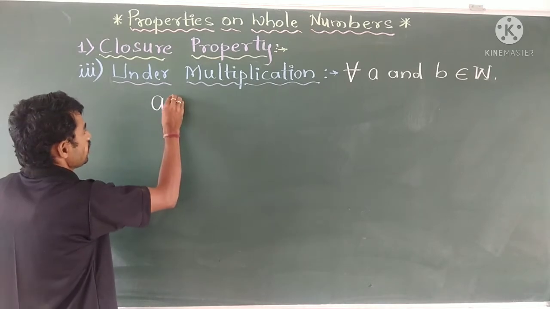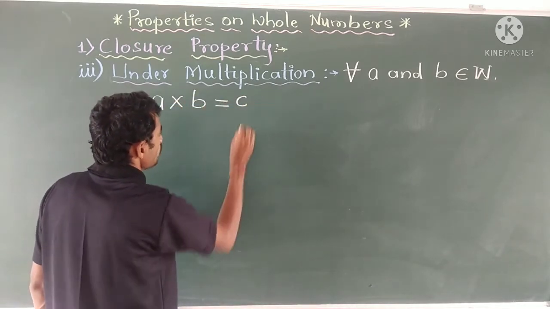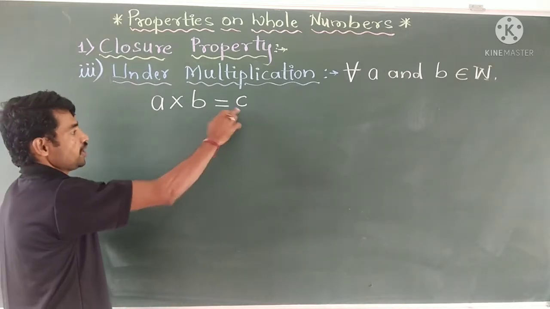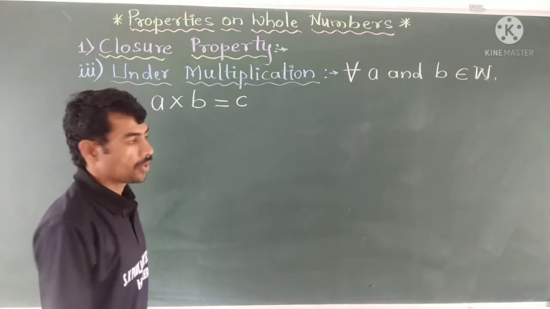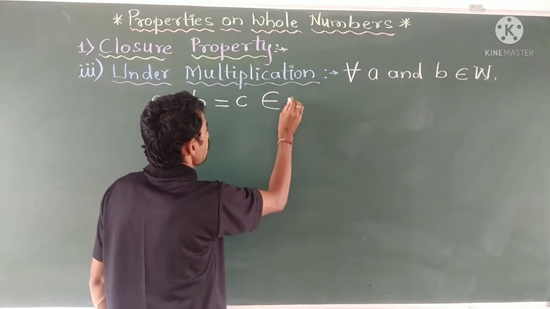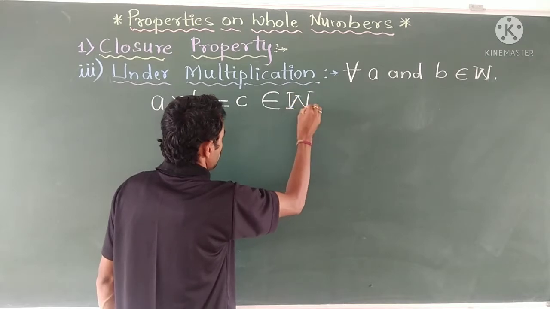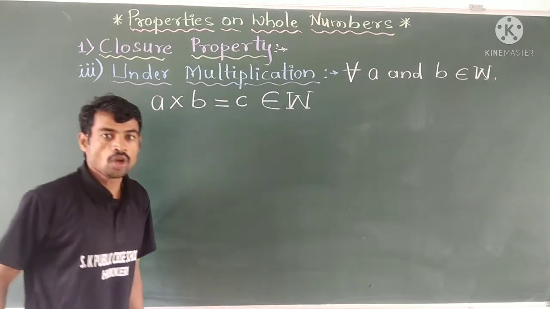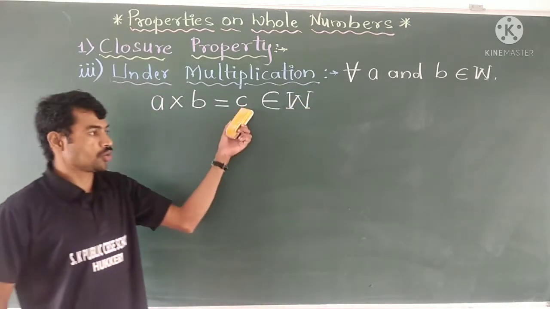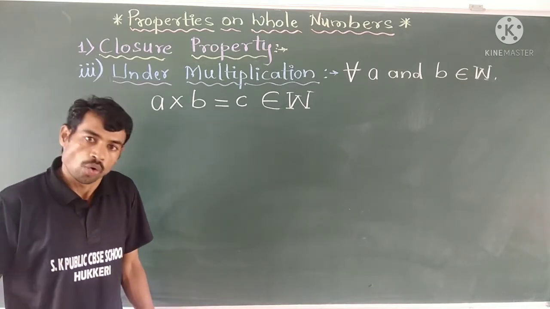That is, a into b is equal to the product we get, which is another whole number, belonging to W. Yes, whatever product we get is also a whole number.